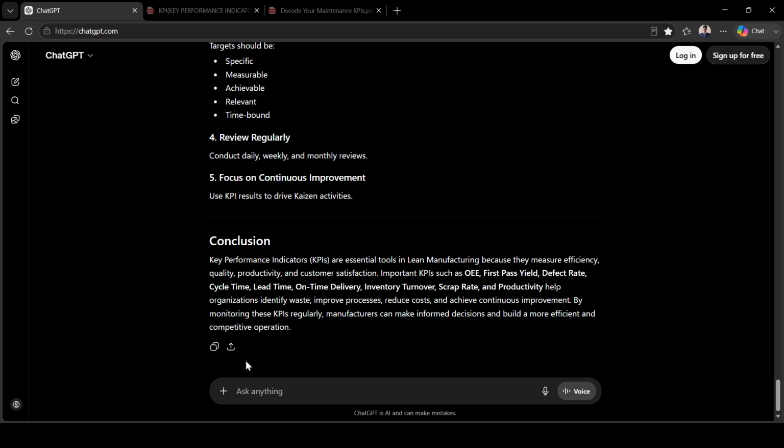Important KPIs such as OEE, first pass yield, defect rate, cycle time, lead time, on-time delivery, inventory turnover, scrap rate, and productivity help organizations identify waste, improve processes, reduce cost, and achieve customer satisfaction. By monitoring these KPIs regularly, manufacturers can make informed decisions and build a more efficient and competitive operation.